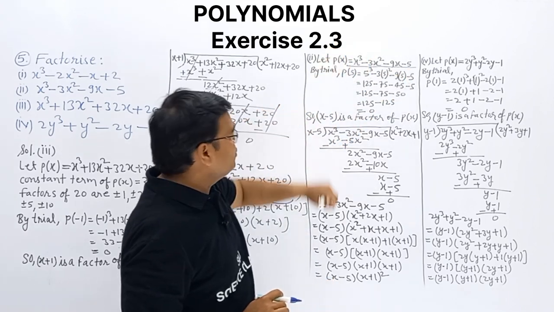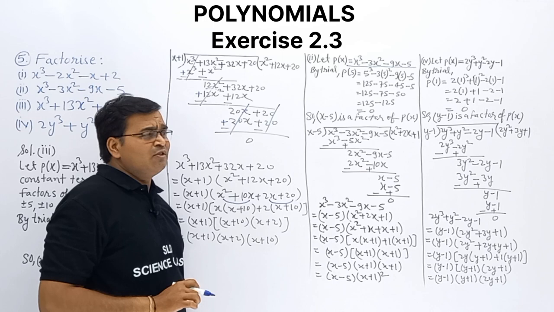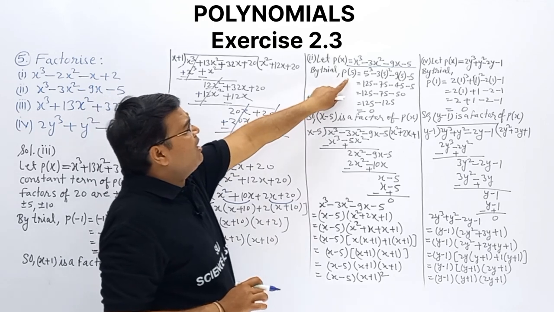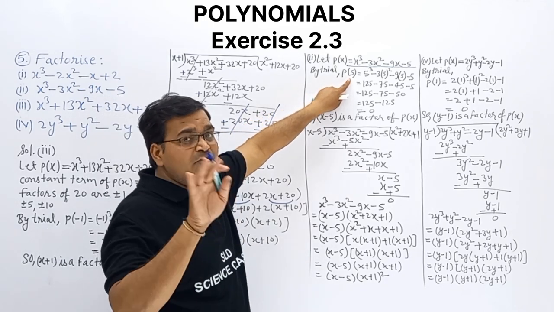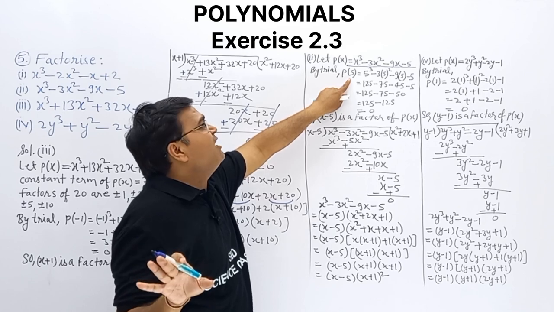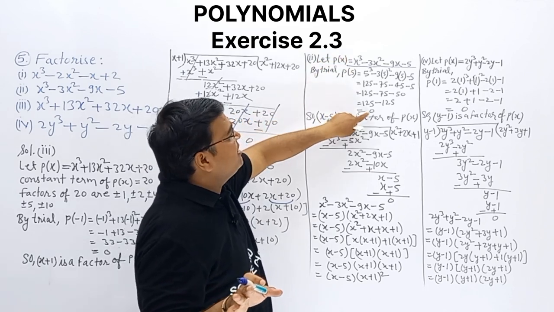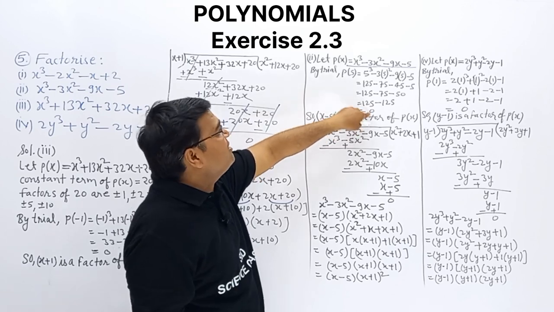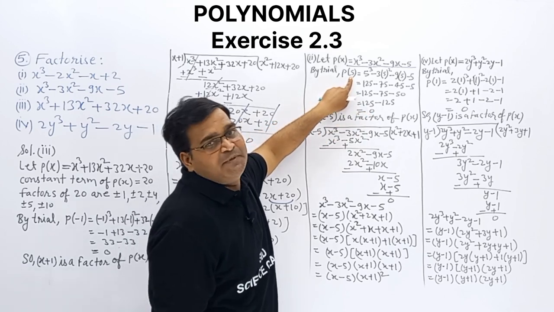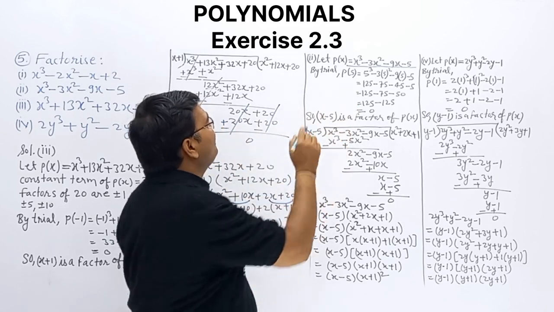Clear? Now taking 5 out of these four values, I take x equal to 5 and put it in the polynomial. We are getting 0. It means x equal to 5 is a zero of the polynomial.